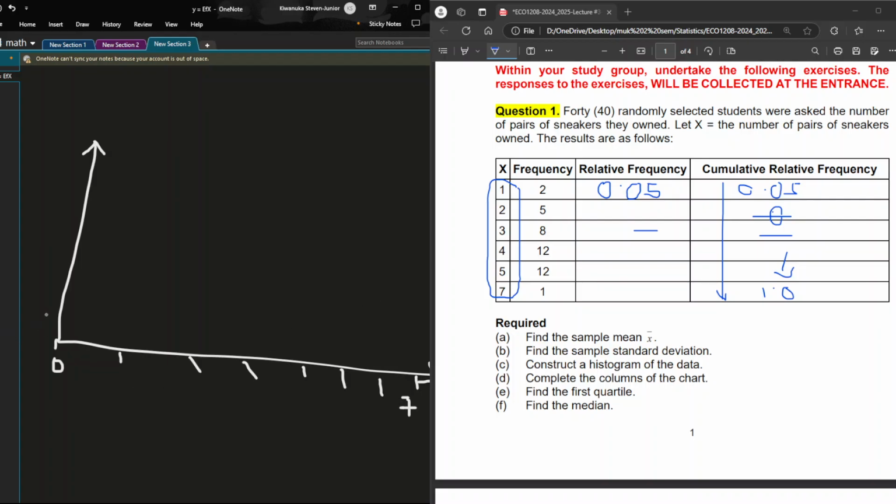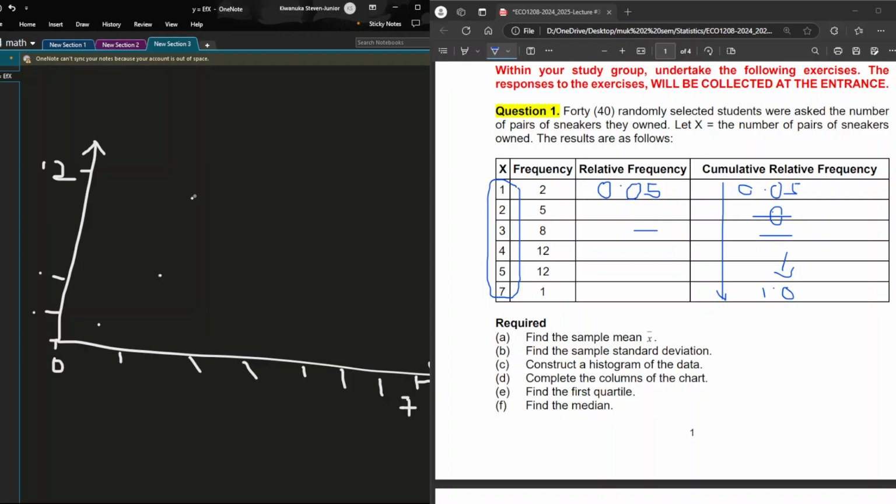Then here we'll have the frequency from 0 up to probably 12. Always find a good sketch.